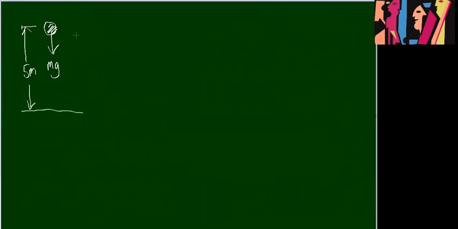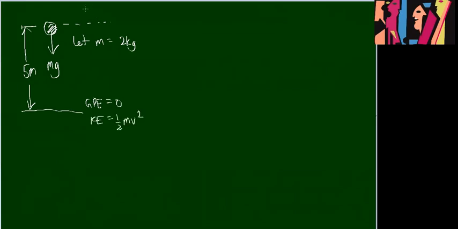So at the top, let m be 2 kg. At the bottom here, my GPE is 0, and my KE is 1/2 mv squared.